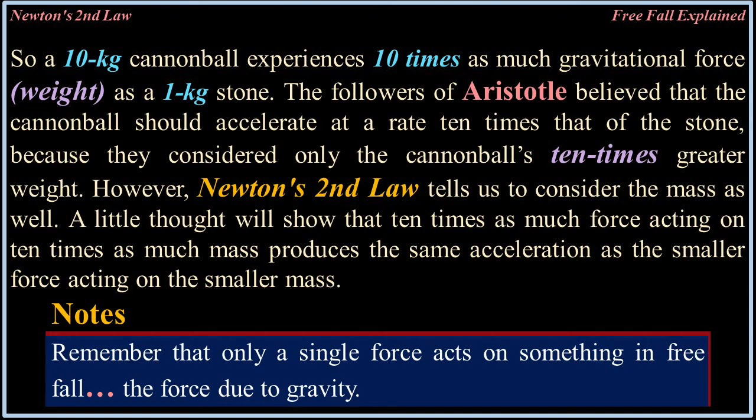A little thought will show that 10 times as much force acting on 10 times as much mass produces the same acceleration as the smaller force acting on the smaller mass. Note, remember that only a single force acts on something in free fall, the force due to gravity.